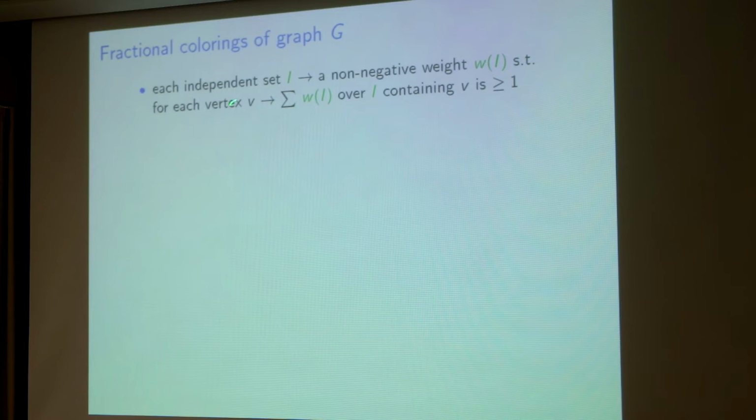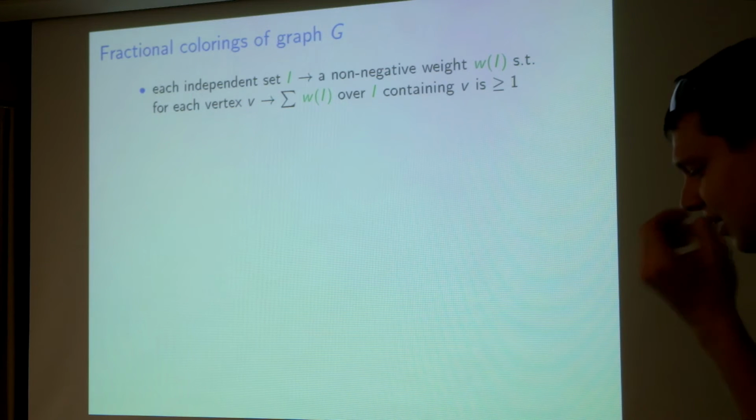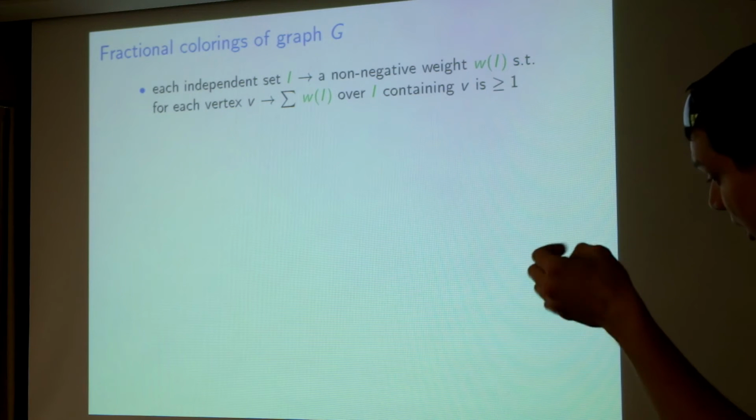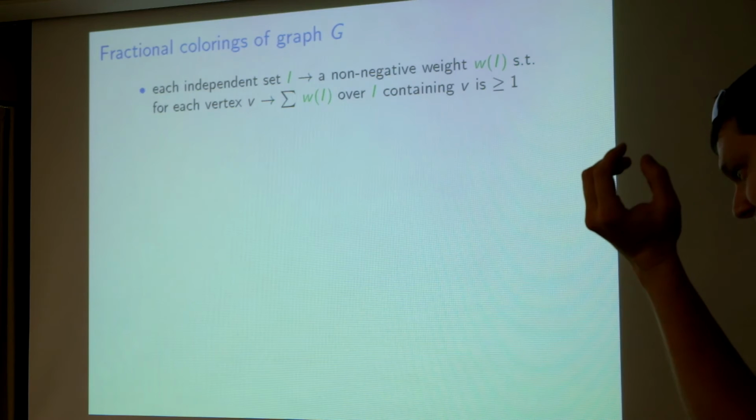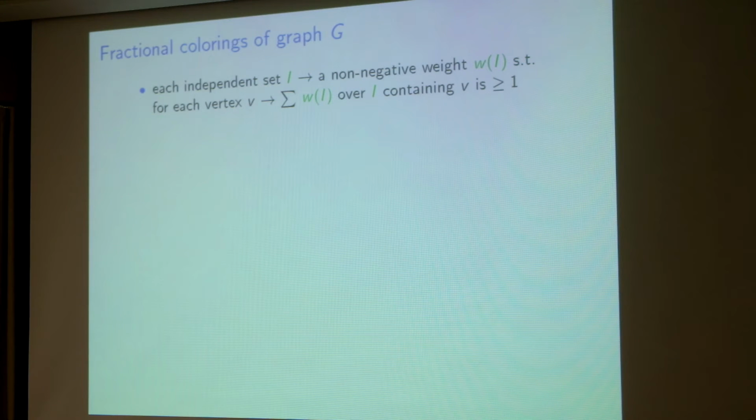Whenever you look at a vertex v and you sum up the weights of the independent sets that contain this vertex v, this sum will be at least 1. If you think what the coloring is, you assign the weight 1 to your color classes, which are independent sets, and 0 to all the other independent sets, and then indeed for each vertex v the sum will be equal to 1.